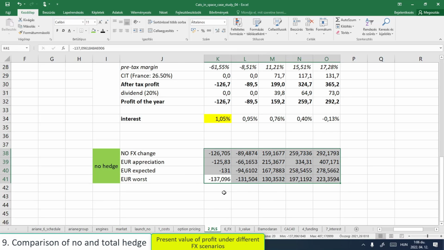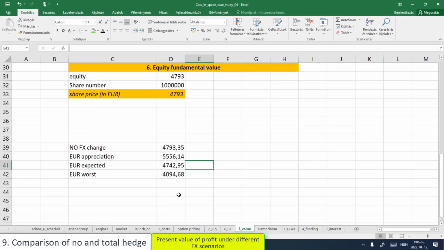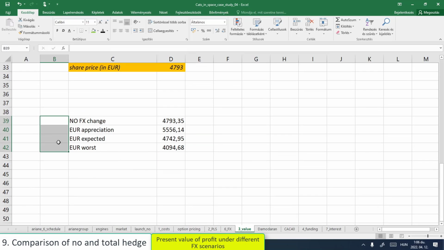So this is then where all the fluctuations can happen, and also we have the value here. It's good because it's already a present value.